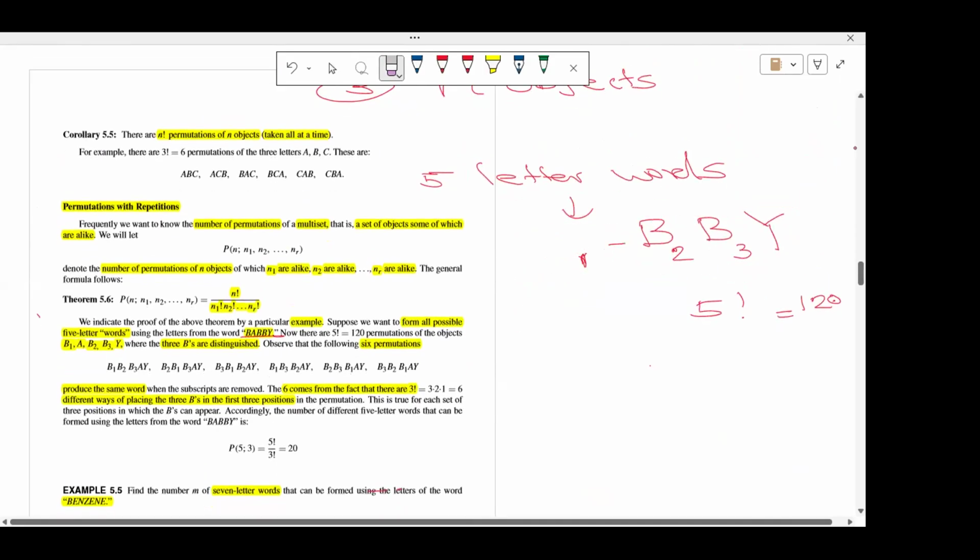Okay, now they are giving another example. Just try to find the answer for this.